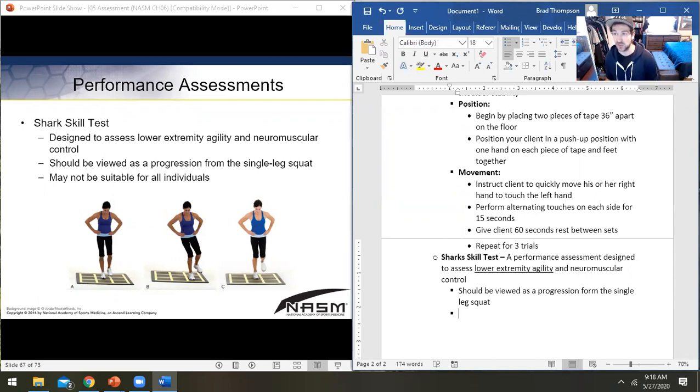If you're going to be able to change direction, you need to have proper core strength. If you're going to be able to change direction, you need to have adequate ankle proprioception. Without both those things, we can't really have agility. If you can't move in one direction, you can't really change direction. This may not be suitable for everybody.